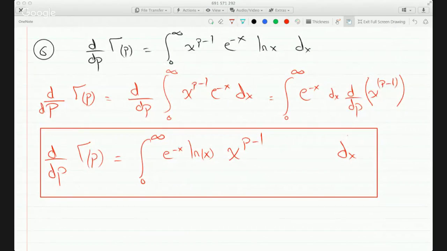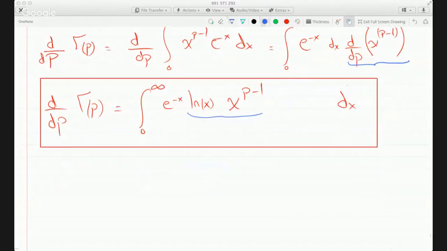The ln x comes from the derivative of x to the p minus 1. I just miswrote it there. So this gets you this. Yeah, I see that.